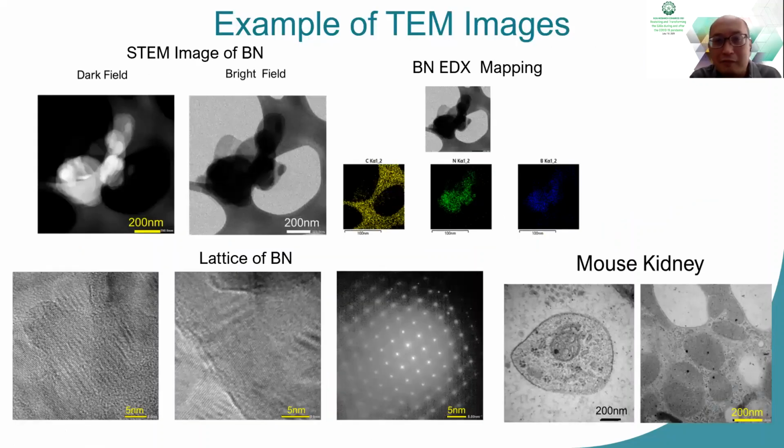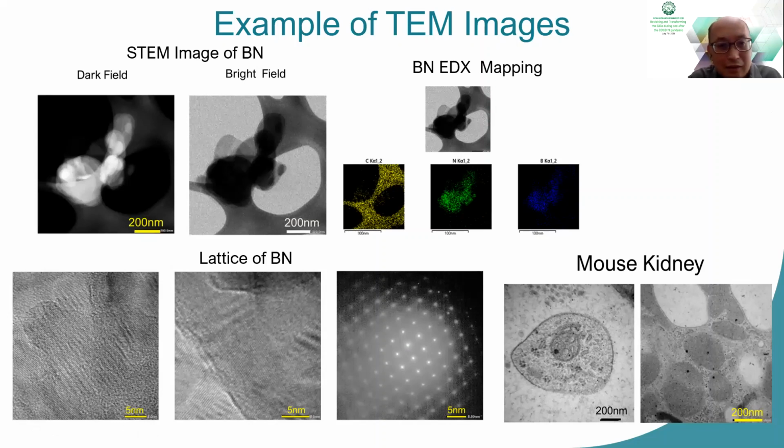This is an example of a TEM image. This is a TEM image of barium nitride using bright field and dark field. And like the scanning electron microscope, it can be used to do elemental mapping as well.